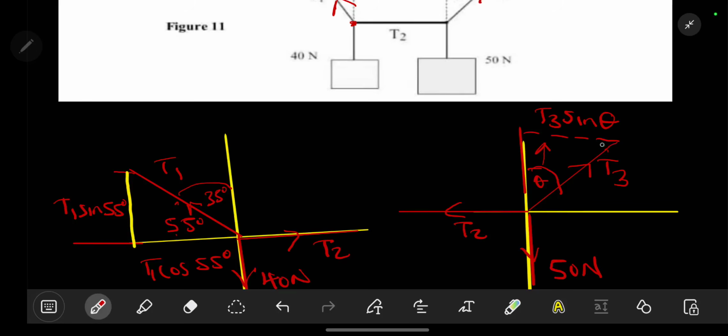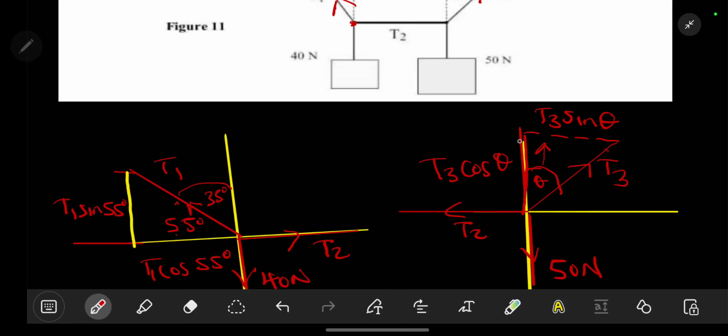But this is in the x. It doesn't matter. What matters is it is opposite. If it is opposite to the angle, then it shall assume sine. That's the way it is. Then the side that is in contact with the angle is what we are going to call t3 cos of theta.